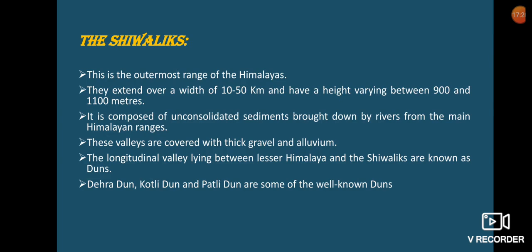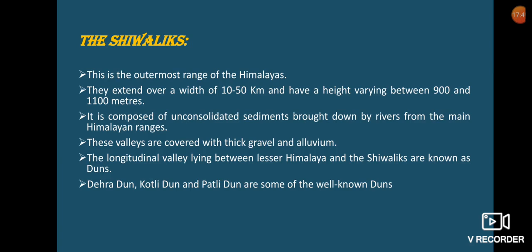The third range comes the Shivaliks. This is the outermost range of the Himalayas. They extend over a width of 10 to 50 kilometers and have a height varying between 900 and 1,100 meters. It is composed of unconsolidated sediments brought down by rivers from the main Himalayan ranges.